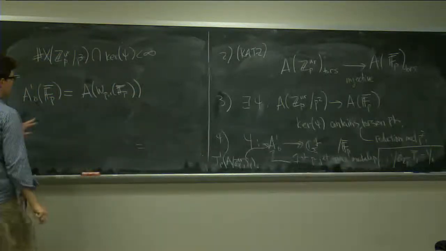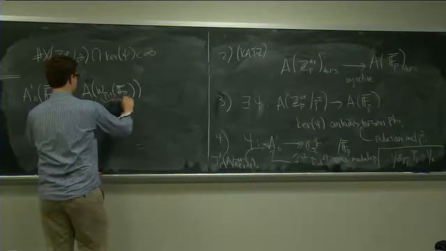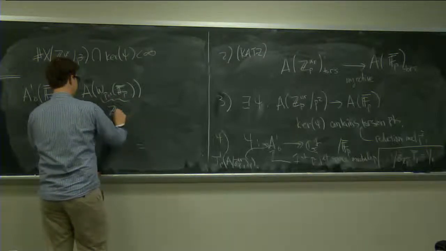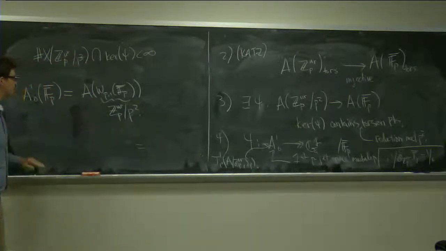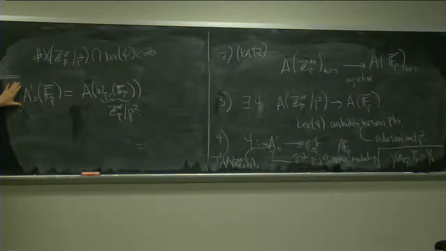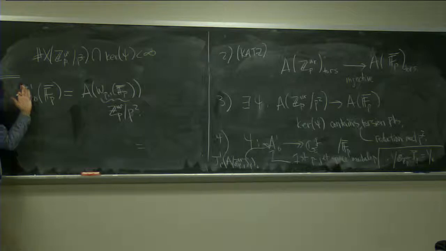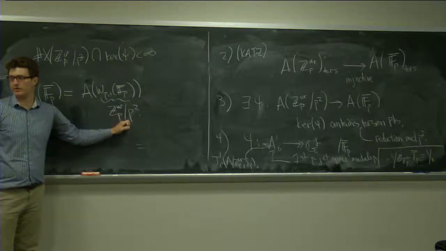Okay, and this thing here turns out to be isomorphic to Z_p unramified mod p squared. So what happens is, maybe I can explain this now. This is like the tangent space, the dual numbers thing. And so what you've done here is you've kind of traded off dimension for mod p-ness.